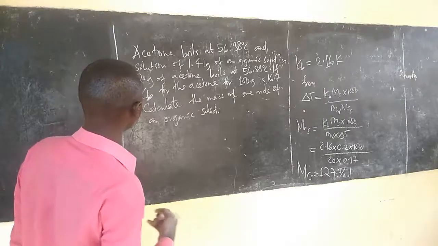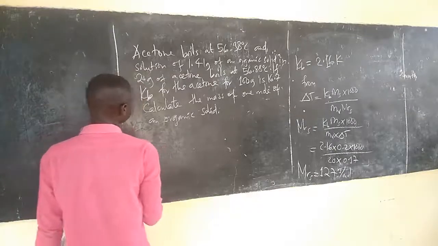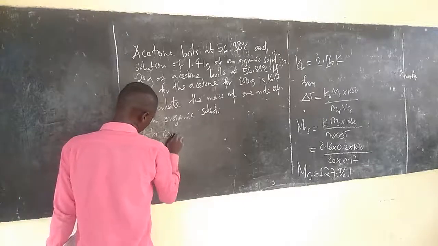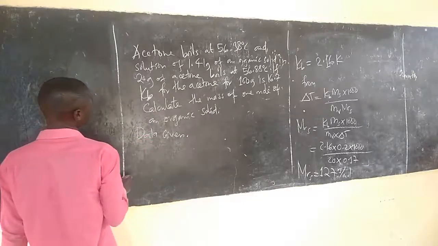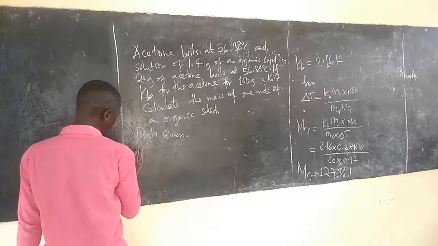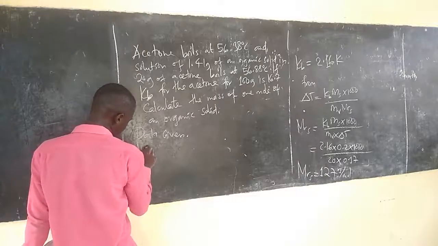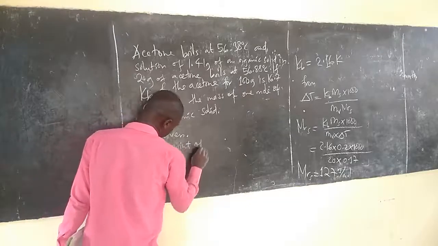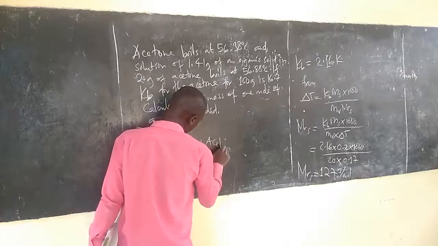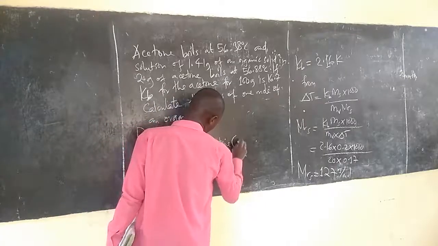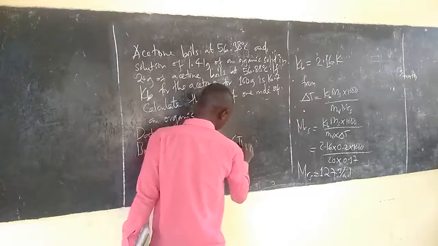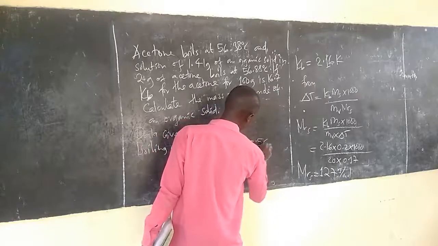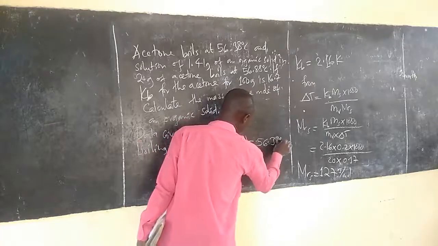So tutakachokifanya hapa tutatumia data kwanza tulizopewa. So data given tumepewa boiling point ya acetone, Tb sawa na 56.38 degrees Celsius.